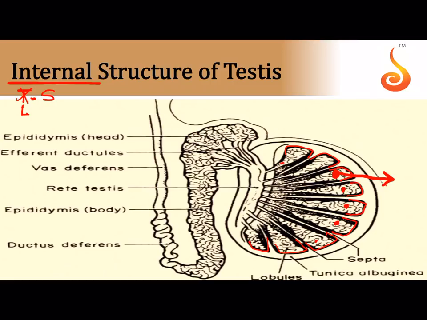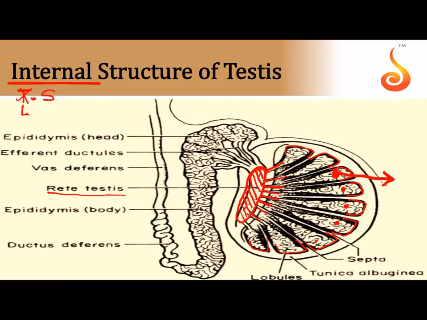Can you all see how the seminiferous tubules are converging over here? All the seminiferous tubules converge towards the center of the testis, and they unite together to form a network of tubes. Now, what I'm highlighting here is a network of tubes, which is referred to as the rete testis. All right.